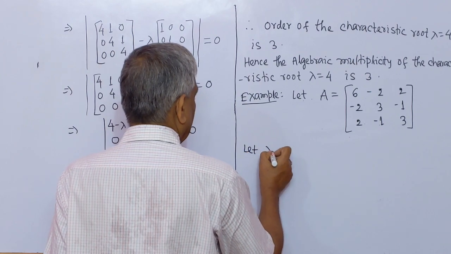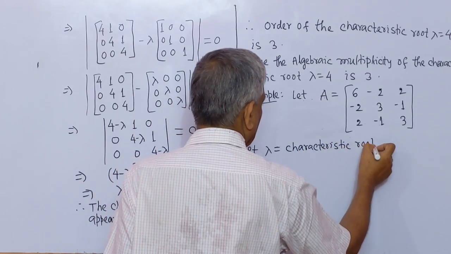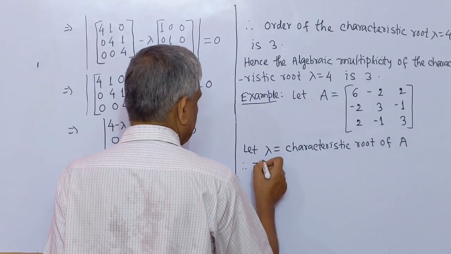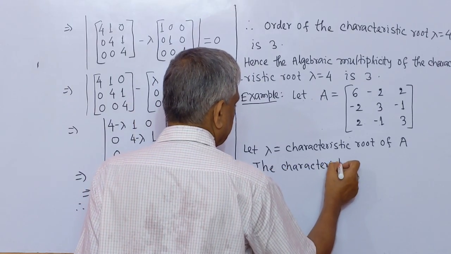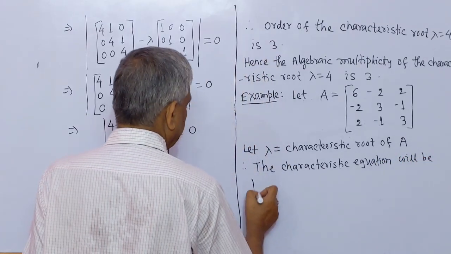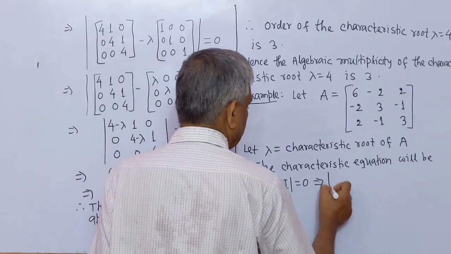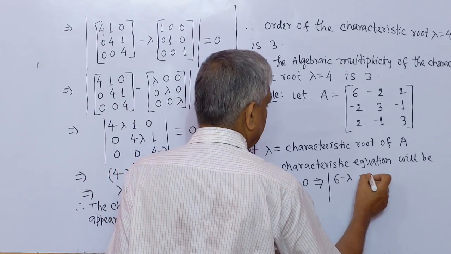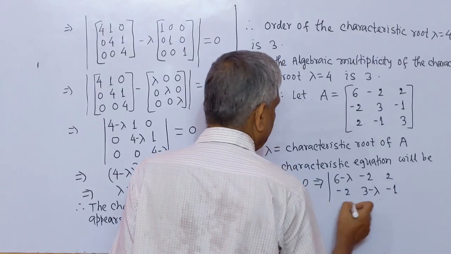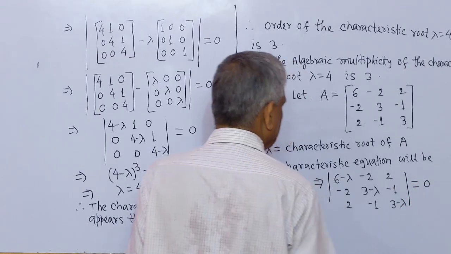Let lambda be a characteristic root of A. Therefore, the characteristic equation will be determinant of A minus lambda I equals 0. This implies the determinant of 6 minus lambda, minus 2, 2; minus 2, 3 minus lambda, minus 1; 2, minus 1, 3 minus lambda equals 0.